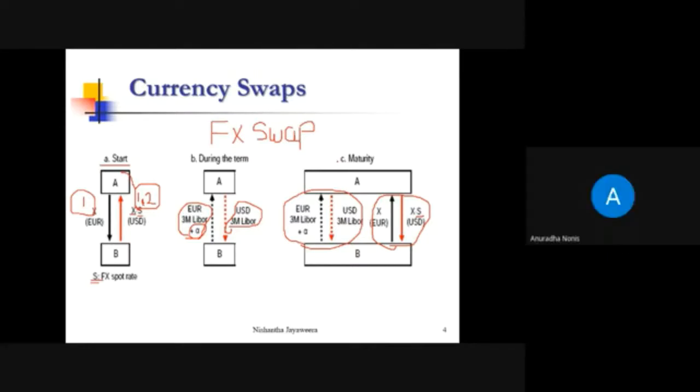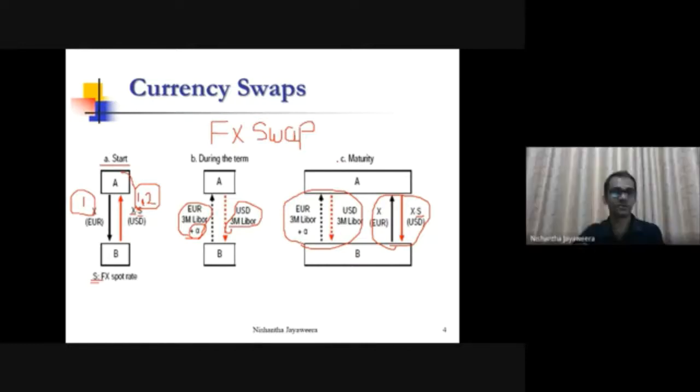Excuse me, are the currency swap and the FX swap the same? No, that's what I mentioned. It's not the same. In an FX swap, first thing, there are no interim cash flows. In the FX swap this part is not there.